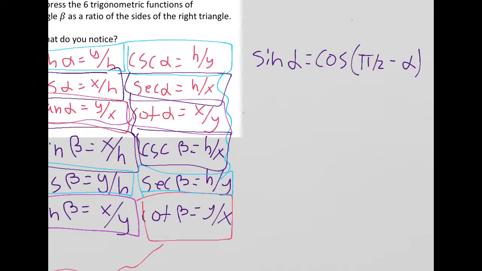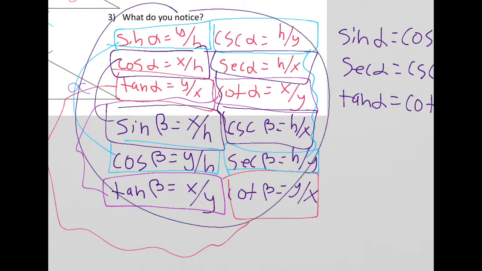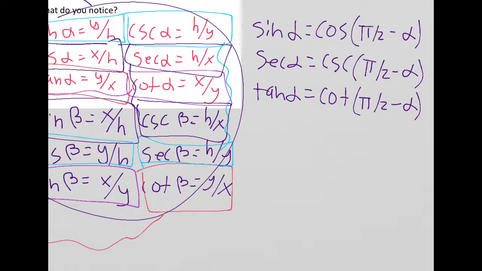We can say that the secant of alpha is equal to the cosecant of pi over 2 minus alpha. We could say that the tangent of alpha equals the cotangent of pi over 2 minus alpha. That's what this little map right here just did for us. Now we're just spelling it out. And we could go through and do the same thing with the reciprocals.